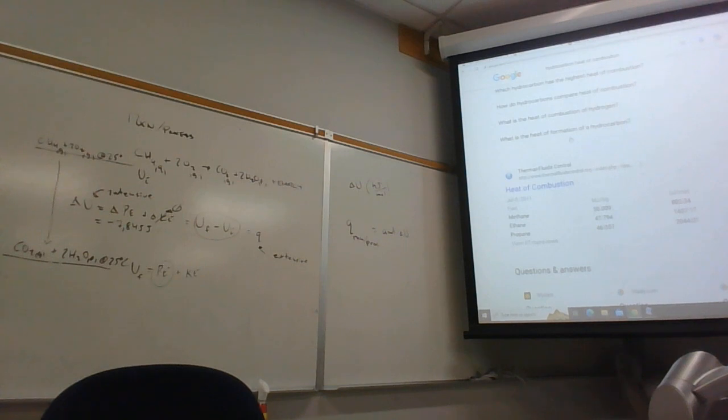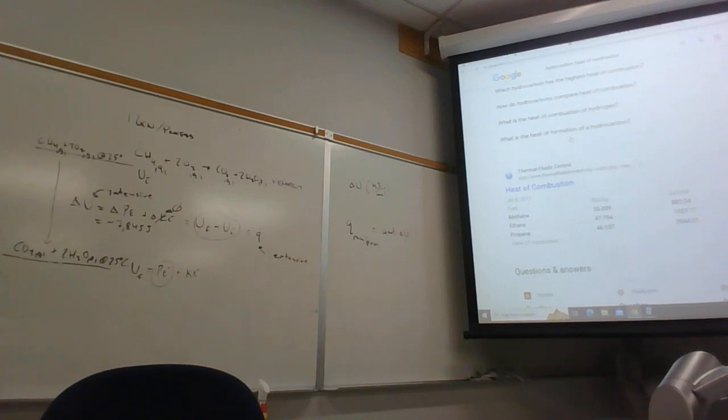And so when we look at Q, if Q is greater than 0, then this is endo. If Q is less than 0, this is exo. And so if something gains or loses, it has to go to someplace else.